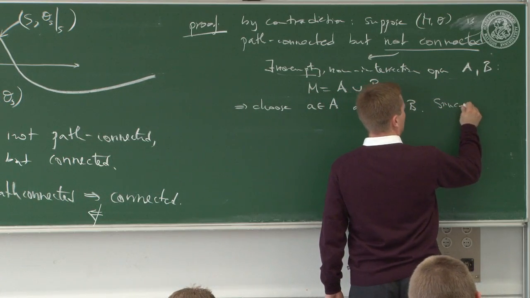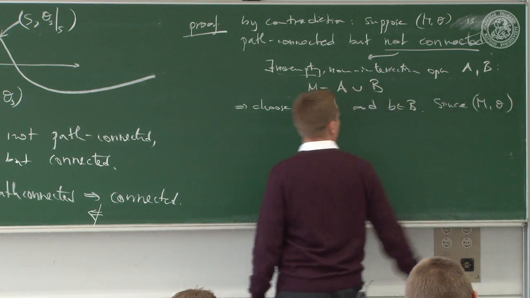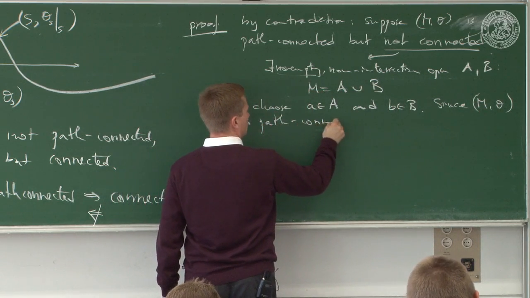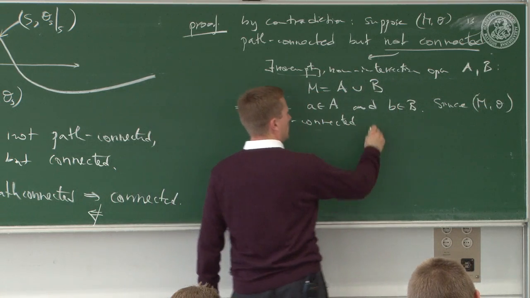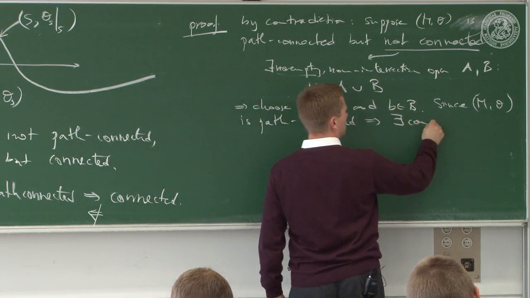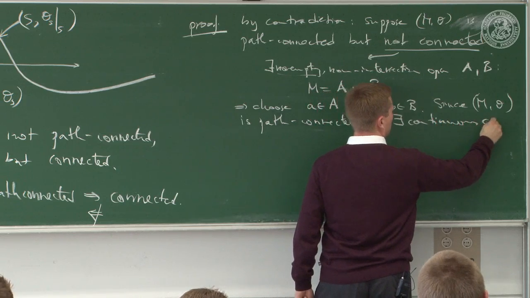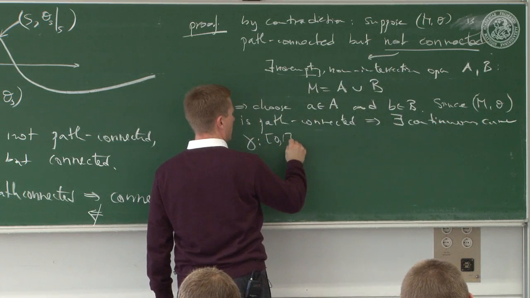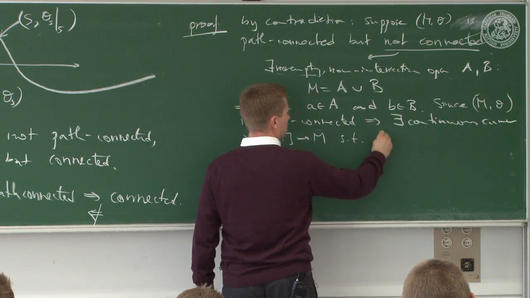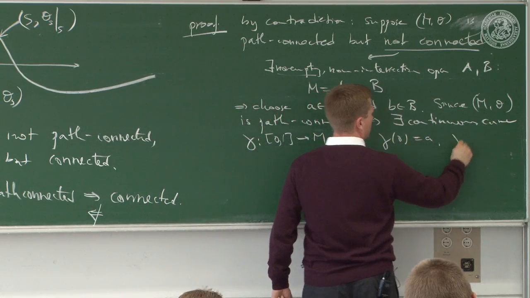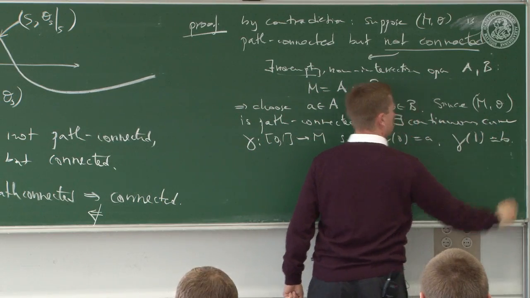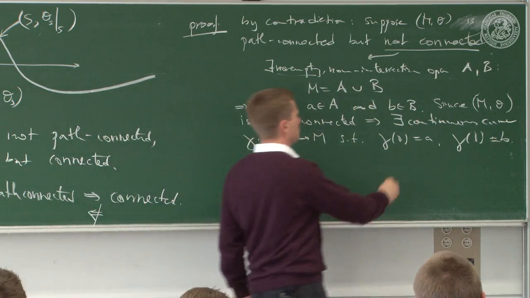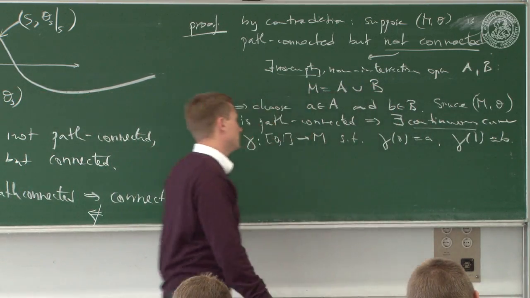Since the space (M, O), by assumption, is path connected, that means there exists a continuous curve gamma from [0, 1] into M, such that gamma of 0 is a and gamma of 1 is b. It's a continuous curve, and that's really very important.